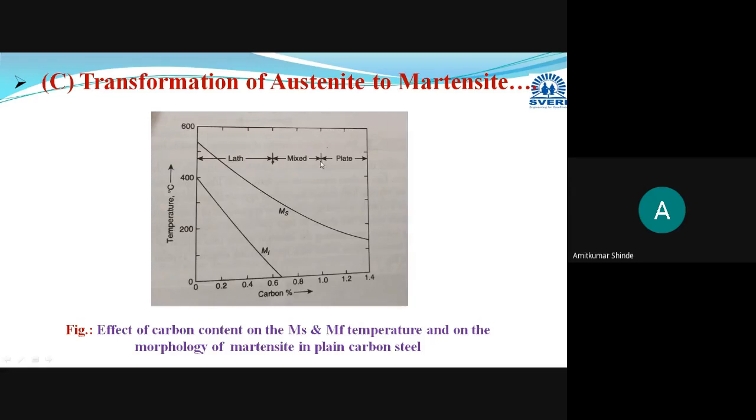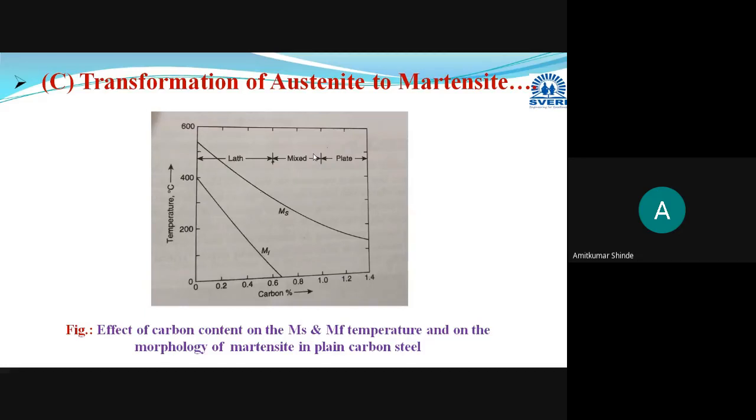Whenever the carbon percentage is very high, above 1%, you will be able to see a needle-like structure. Then this martensite will be plate martensite. And in between, 0.6 to 1%, a combination of the rod-like structure and needle-like structure will be there, and that martensite is termed mixed martensite.